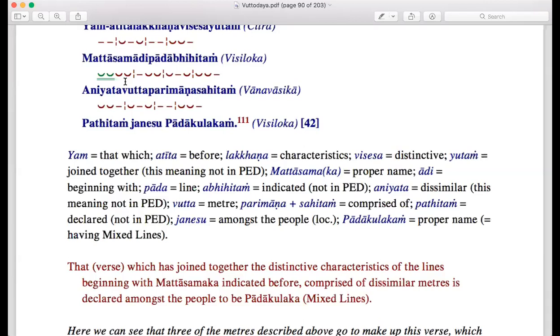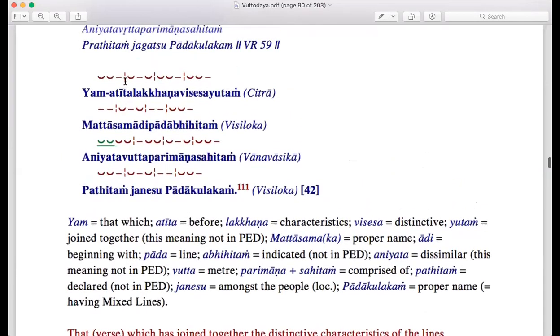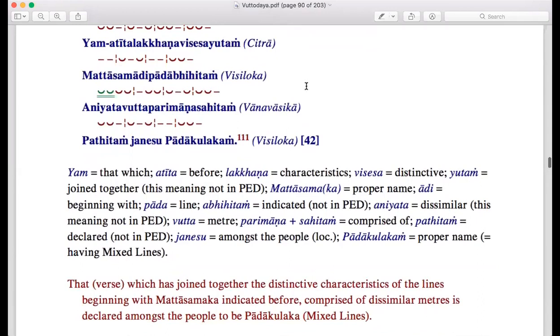I'm not going to check this for the rules, but it is shown by Bhante here. The first line has Chitra characteristics, and the second line has Visiloka characteristics. The third line has Vanavasika characteristics, and the fourth line again has Visiloka characteristics. These four are combined together, and then we call it Pada Kulaka.